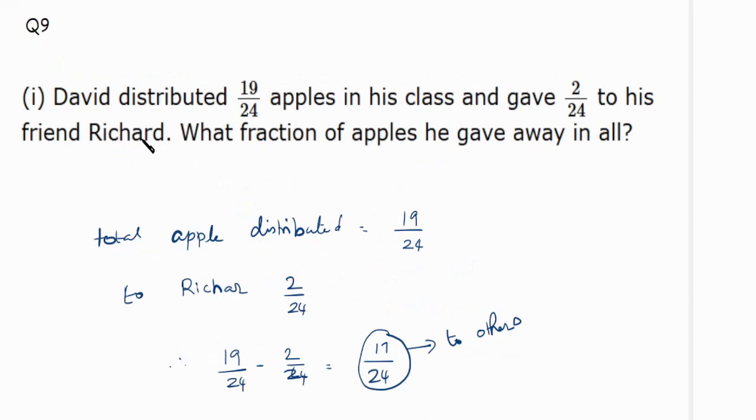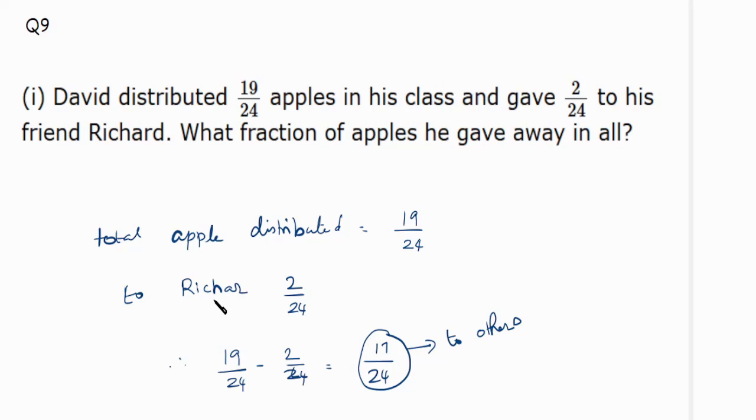Ninth question: David distributed 19 by 24 of apples in his class and gave 2 by 24 to his friend Richard. What fraction of apples did he give away in all? The total apples distributed in the class is 19 by 24. Among that, he gave 2 by 24 to his friend Richard.